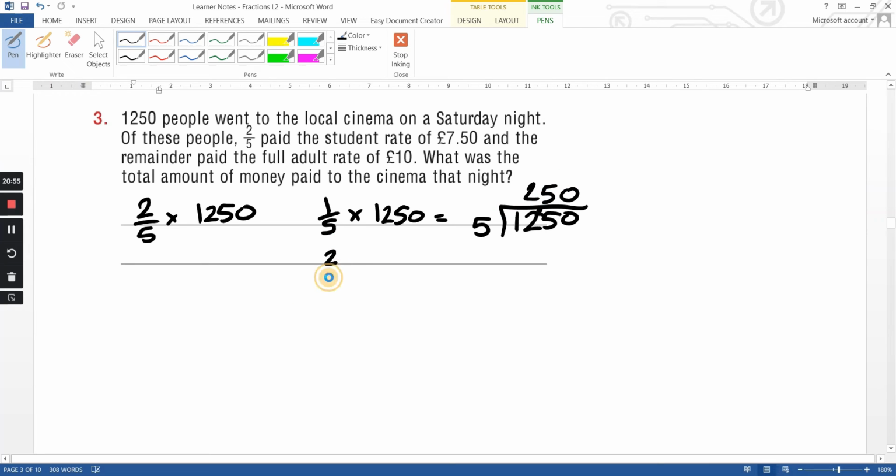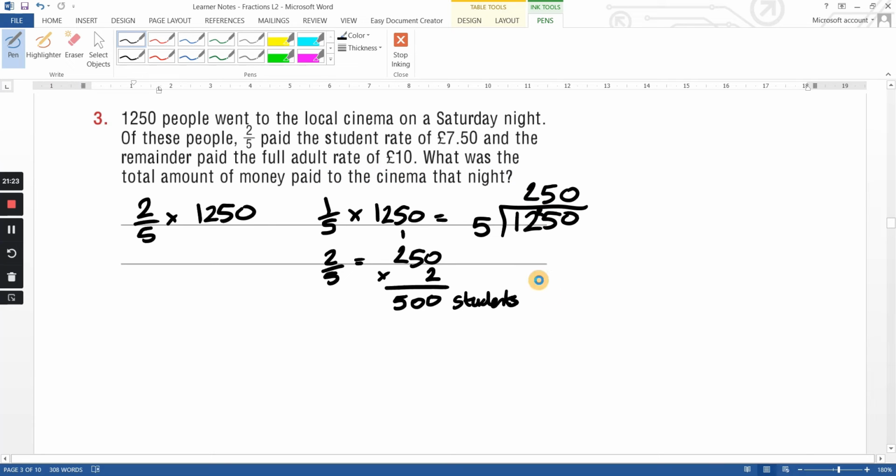And so 2/5 will be that times by 2, which is obviously 500. Okay, so 500 people, so that's the students, isn't it? So that's 500 students who paid £7.50, and the remainder paid the full £10.